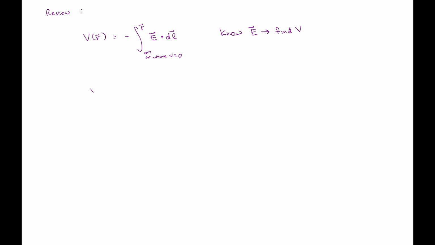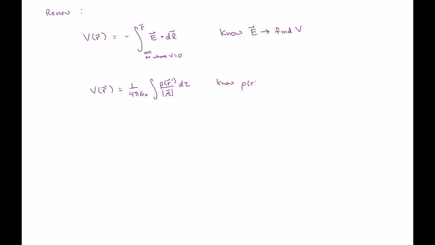Another way we can calculate the potential is through direct integration, applying this formula here, where I know the charge density, and I can draw a picture to figure out my separation vector, and I can integrate that charge over the sphere. That's a situation where maybe I don't know the electric field.